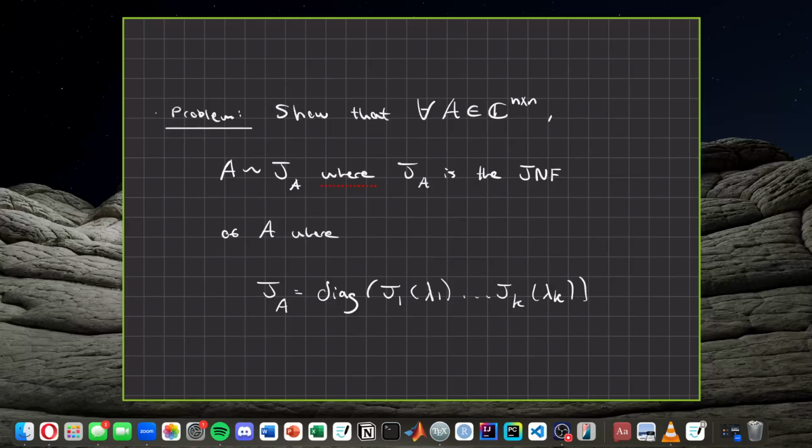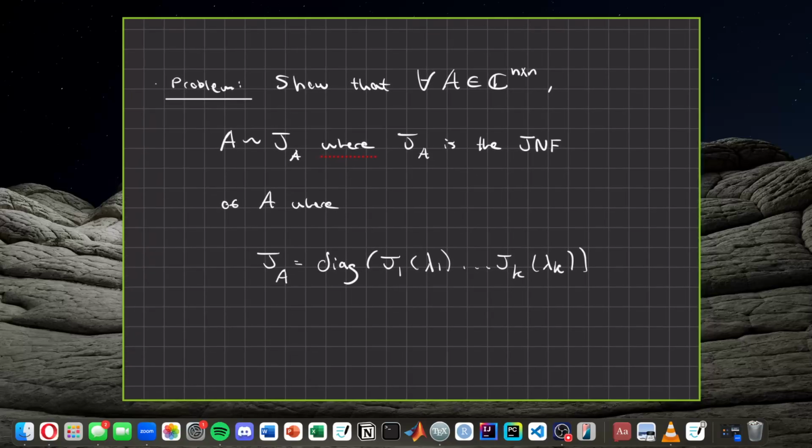Okay, so this is the first part of the problem. We want to show that for all square matrices A, this can be arbitrary for Jordan form, but we're just going to assume they're complex just for sake of notation, that A is similar to J sub A, where J sub A is what's called the Jordan normal form of A, where we define this matrix J of A as a diagonal matrix with what we call the Jordan blocks of the eigenvalues in the diagonal, and then ones in the superdiagonal.